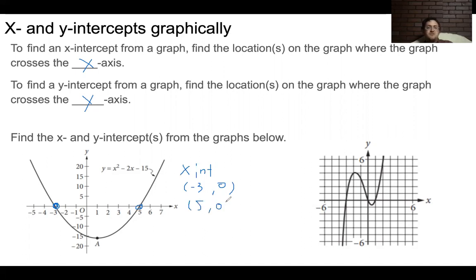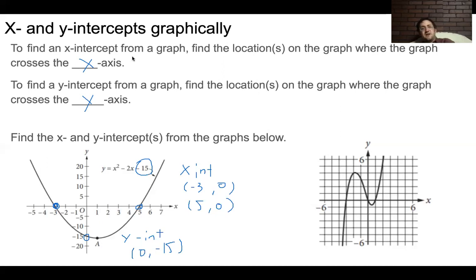You could also factor that polynomial as well. And then for the y-intercept, one thing you're going to notice here is I have a -15. So that y-intercept is going to be at 0 comma -15. There's a -15 as a constant, so that gives us our y-intercept in the quadratic.